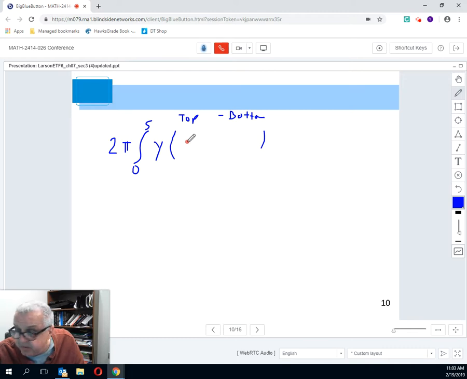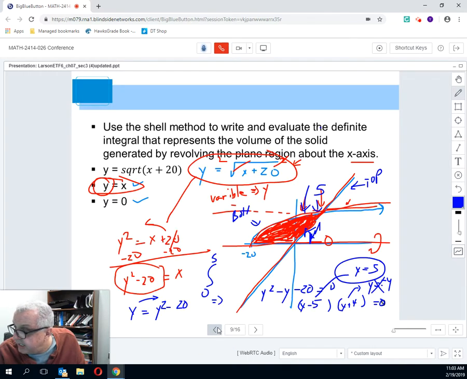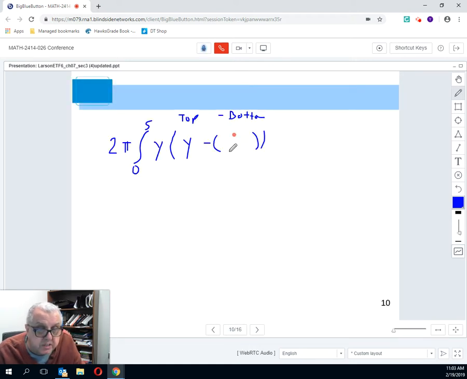The top of this function, y equals x, is y, minus the bottom of the function. And the bottom of the function, we already calculated it to be y squared minus 20, when we have y as a variable.